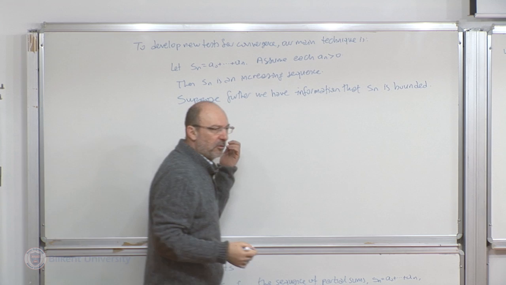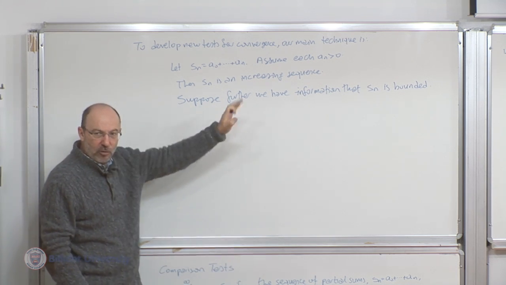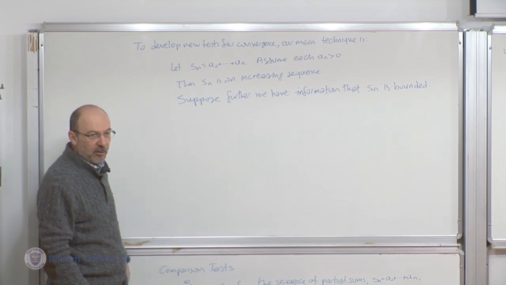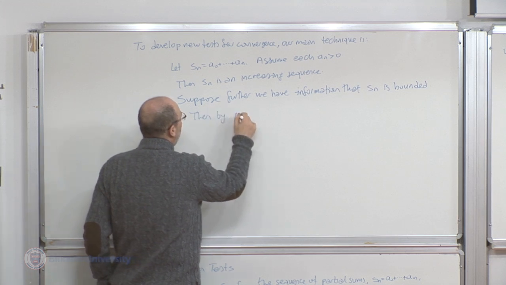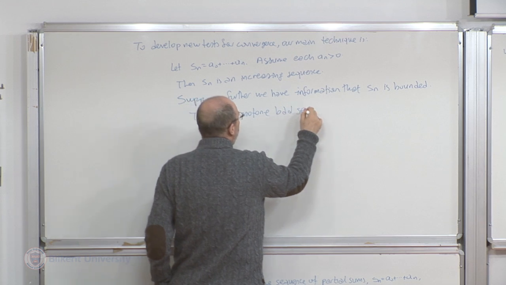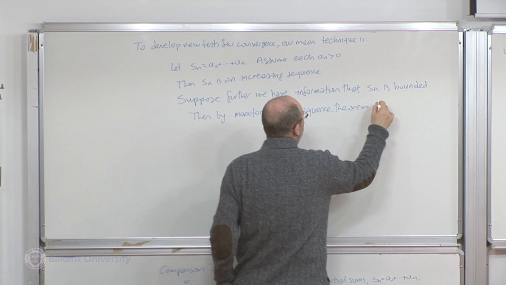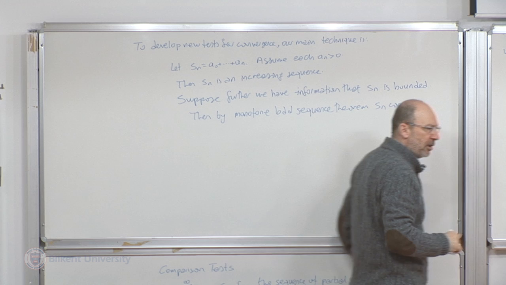Okay, it's already bounded from below because it starts from some number, A0, and it goes up. Suppose it is bounded from above. Okay, then by the monotone bounded sequence theorem, Sn converges. Okay, so that is the tool.